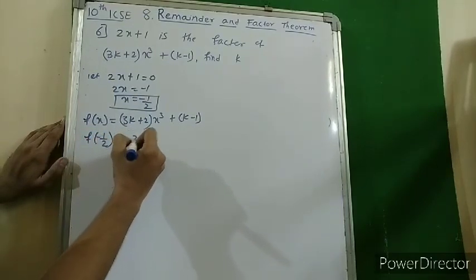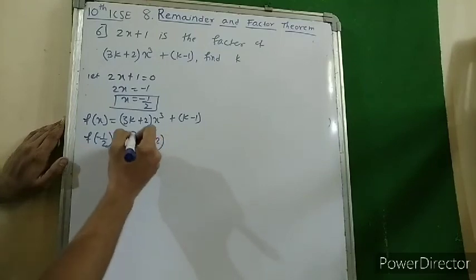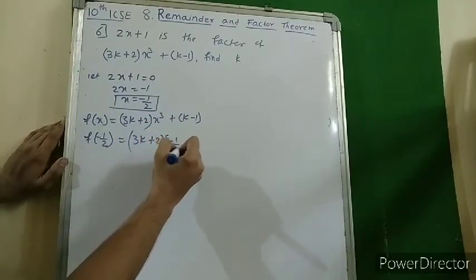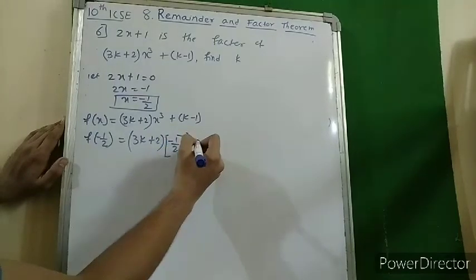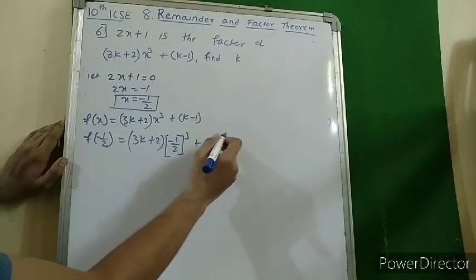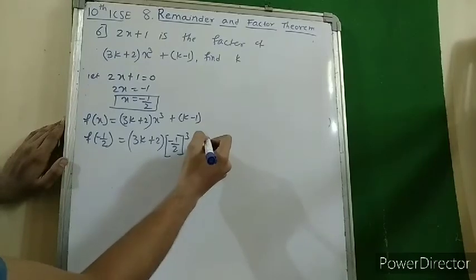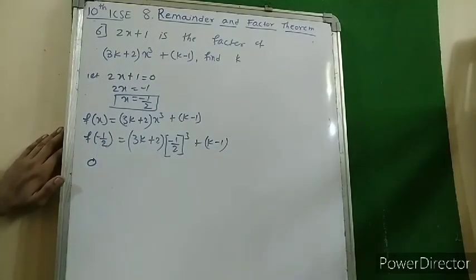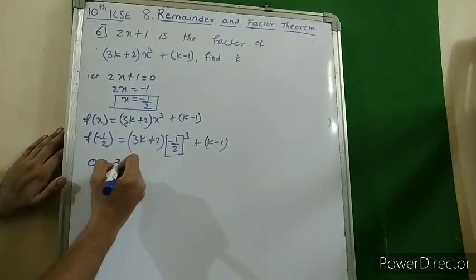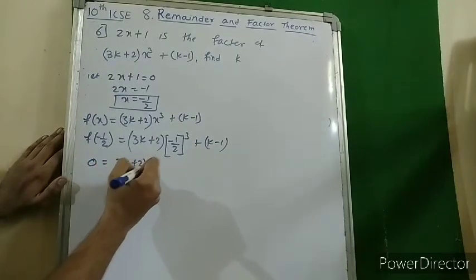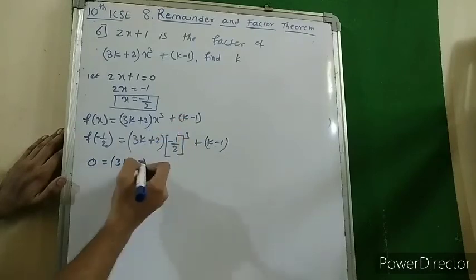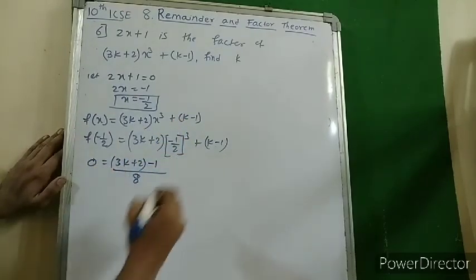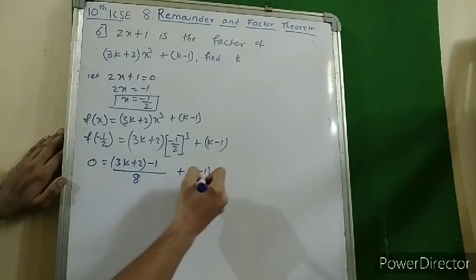We have 3k plus 2 and in place of x it is minus 1 upon 2 cube, plus k minus 1. So this is 0 because it is a factor. I'll write this 3k plus 2 as it is. Minus 1 cube is minus 1, but 2 cube is 8. Plus k minus 1.